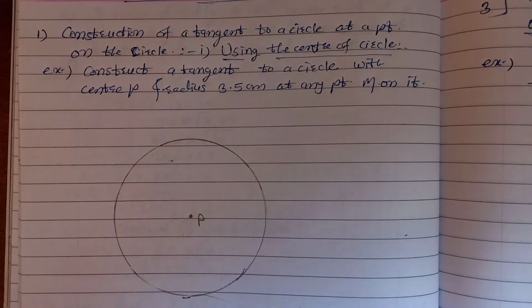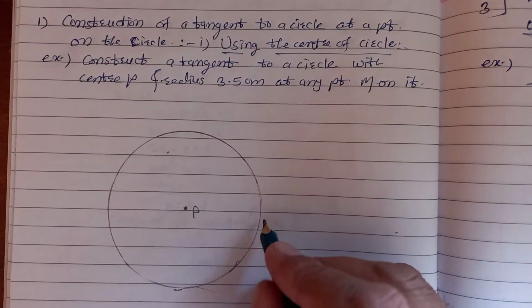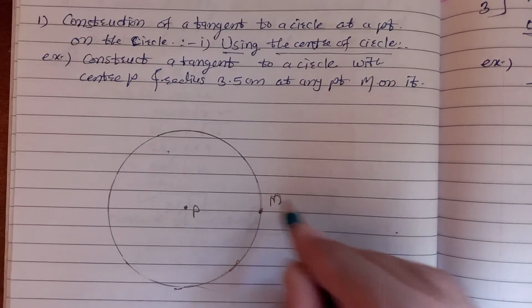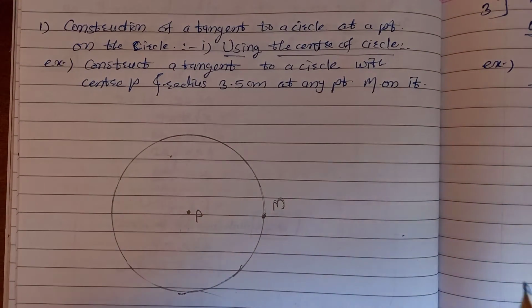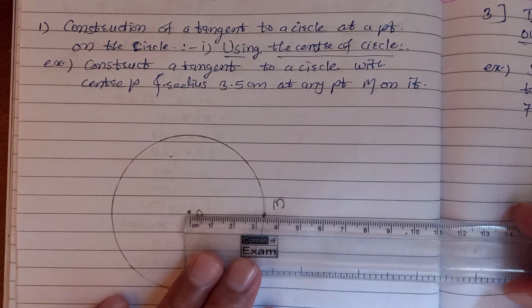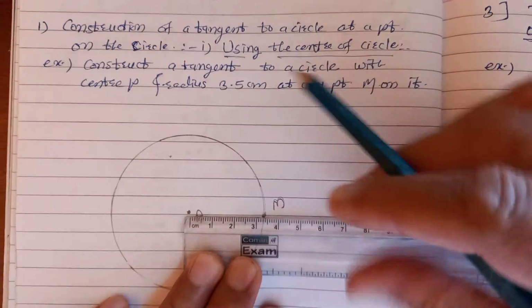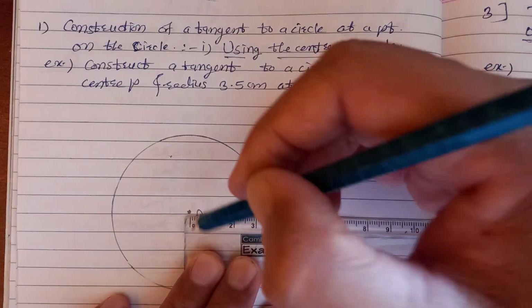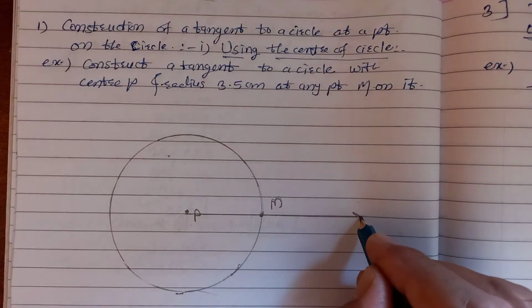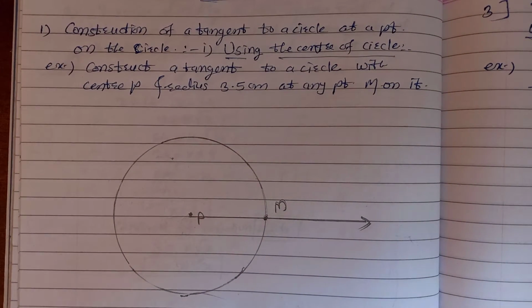Now here you have to take any point M. Suppose we take point M here. Anywhere you can take M, and you have to draw a tangent from the point M. So draw one ray from the point M like this. Then what is the next step?